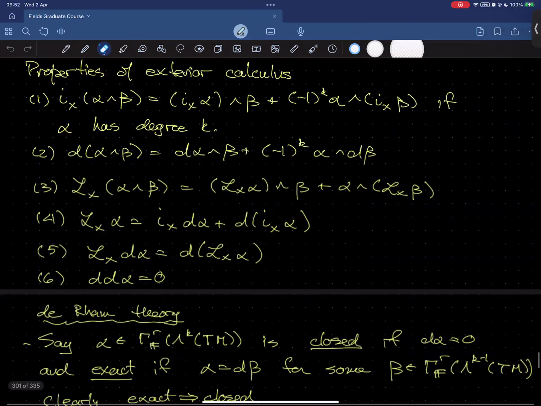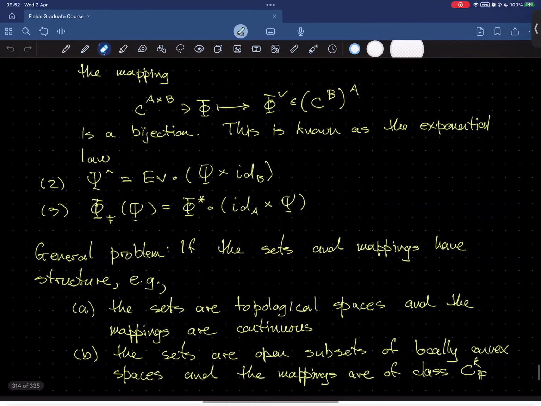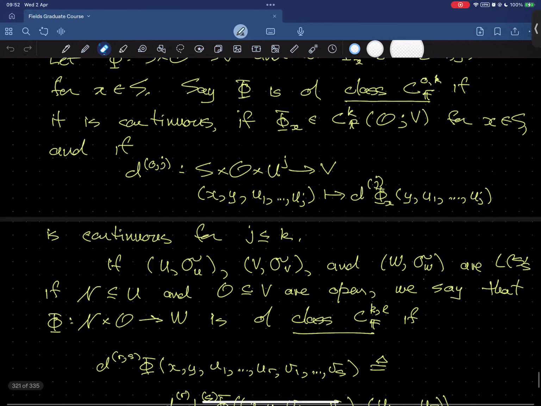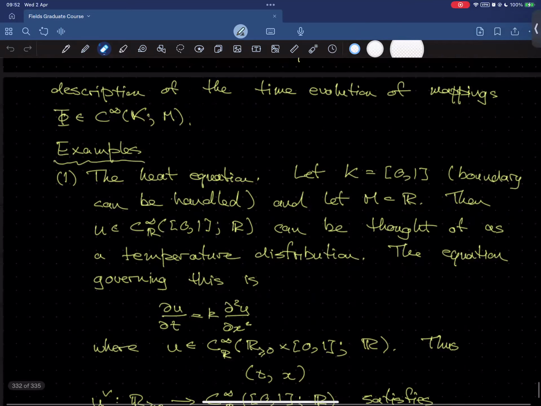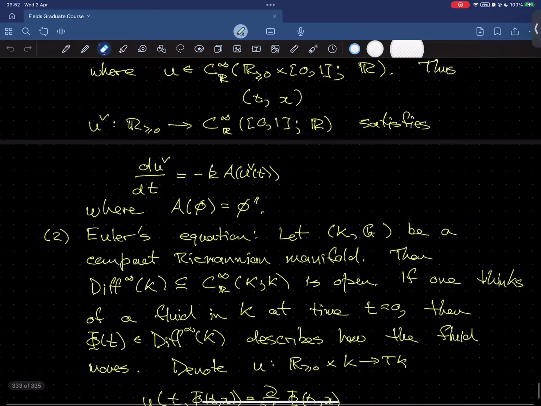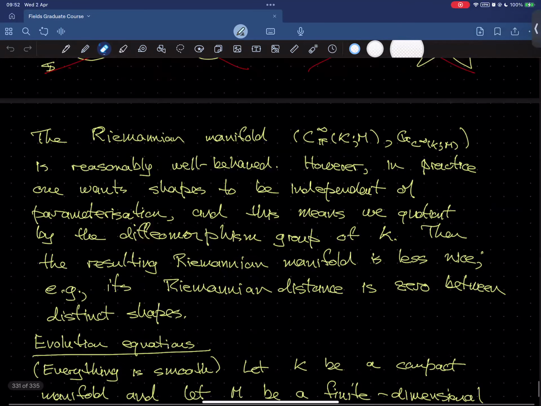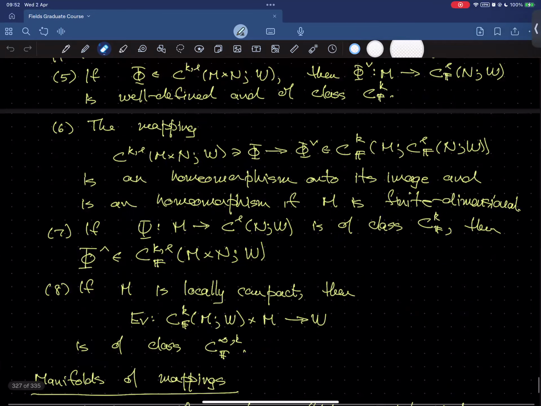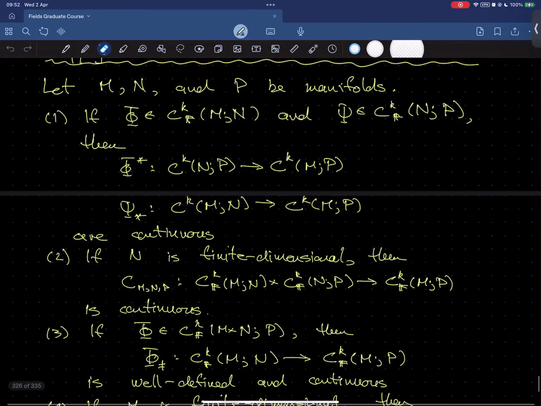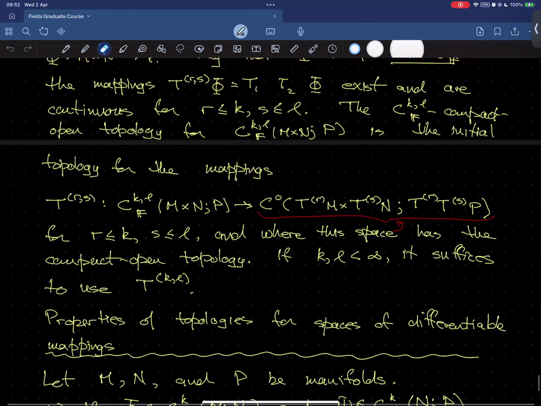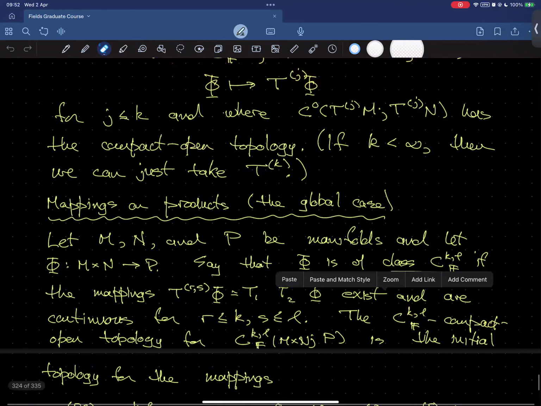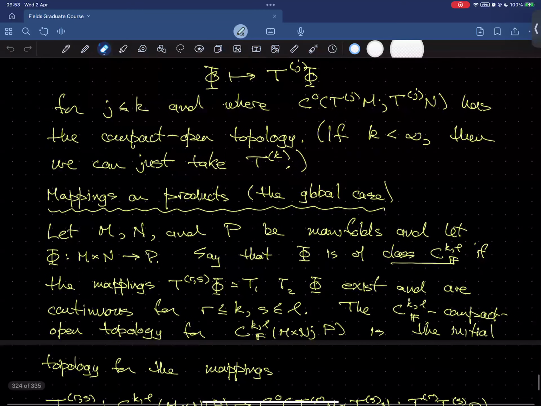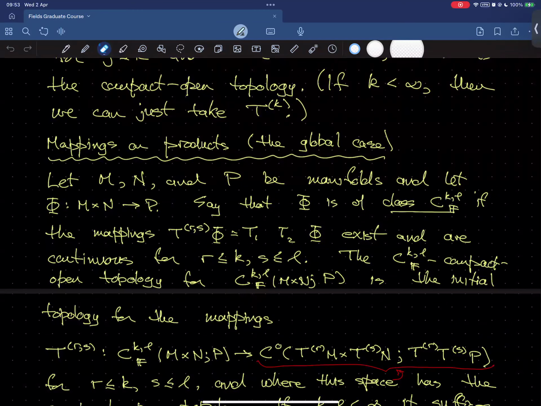Okay, so let me go to where I want to be here. Apologies for this. I don't know why it started doing that in a recent update of GoodNotes, and it's not cool. Okay, so yeah, sorry.